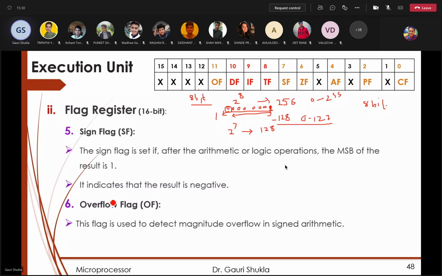But that is not the case. Understood? So I should not consider only the sign flag. I have to see the overflow flag. As we move ahead with the programming, this will come again. Clear? Who has asked this question? Yes. Siddhant, understood, right? Okay.